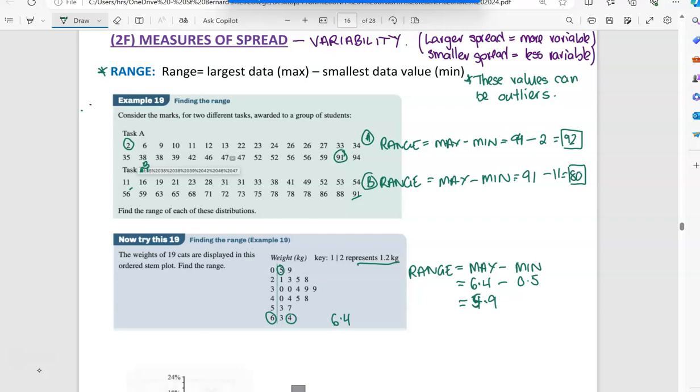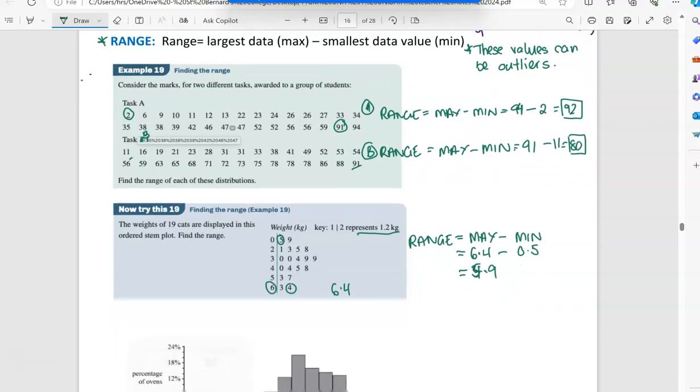What we're saying is that the cats' weights all vary around each other by 5.9 kilos. If you took another group of cats that had a range of 10 kilos, that means they're really more spread out. They've got some that are big and some that are small.